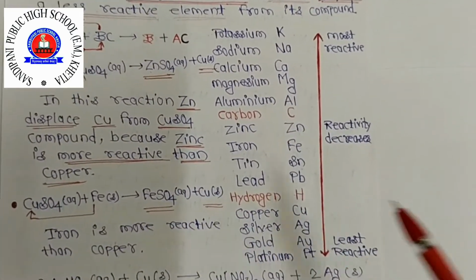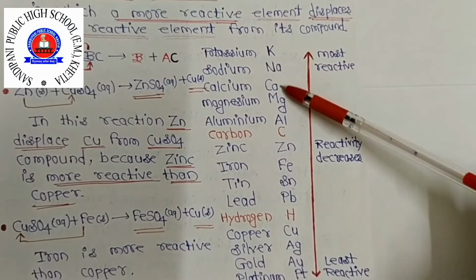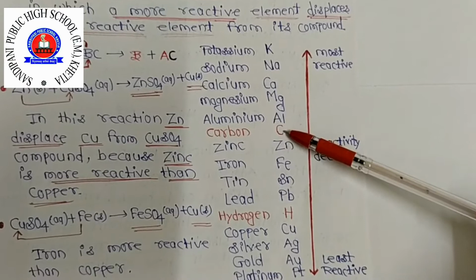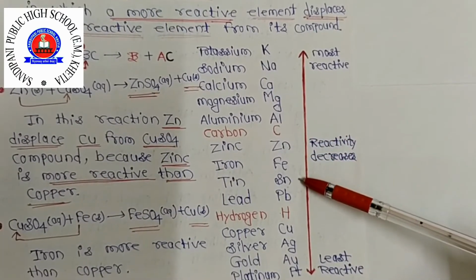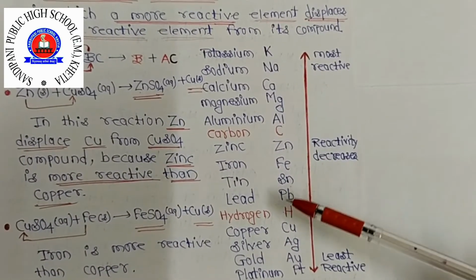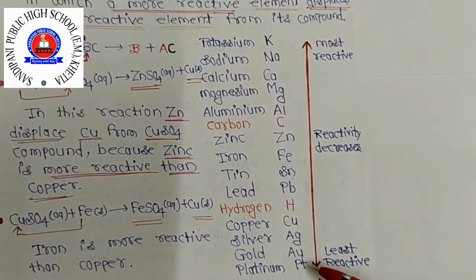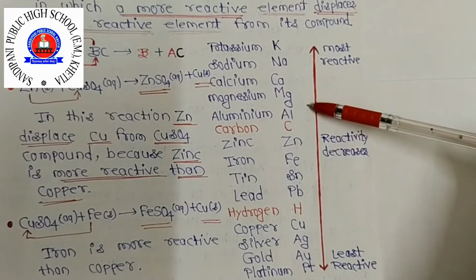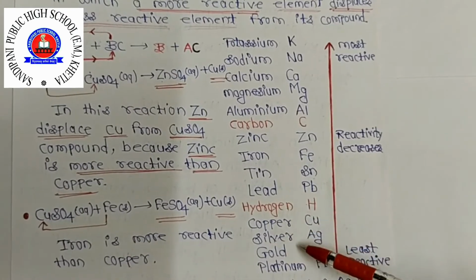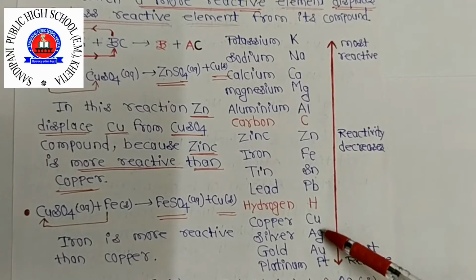Look at this. This is the reactivity series. These are the most reactive elements: potassium, sodium, calcium, magnesium, aluminium. Then carbon, and the reactivity decreases. Look here: zinc, iron, tin, lead. As you go down, the reactivity decreases, and as you go upward, the reactivity increases. Clear? So here hydrogen, then copper, silver, gold and platinum, these are the least reactive elements.